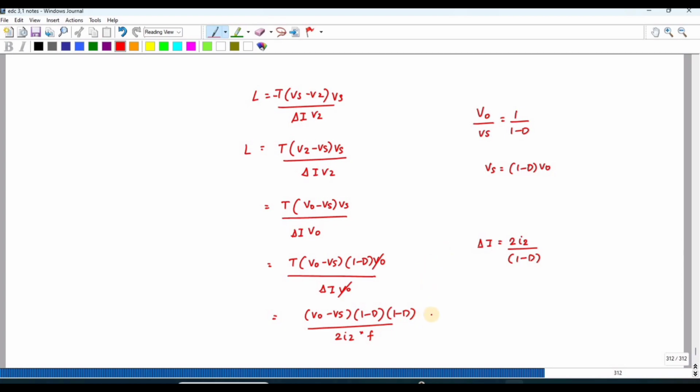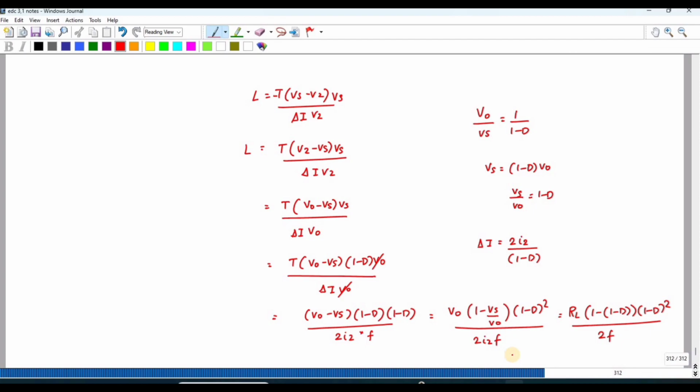So if you take V naught common, you will get 1 minus Vs by V naught into 1 minus D the whole square divided by 2I2 F. So what is V naught by I2? V naught by I2 is nothing but your RL, and Vs by V naught is nothing but 1 minus D. So you substitute here, into 1 minus D the whole square divided by 2F.